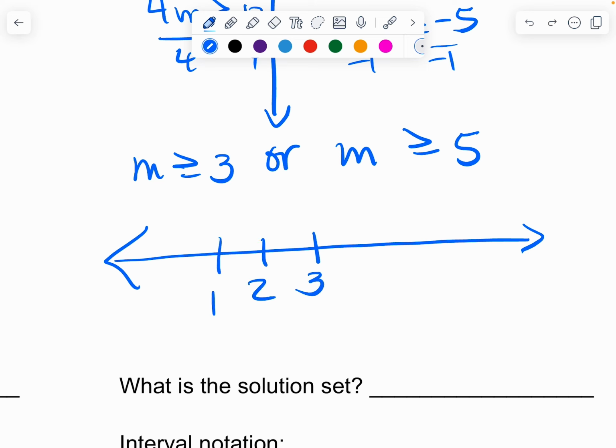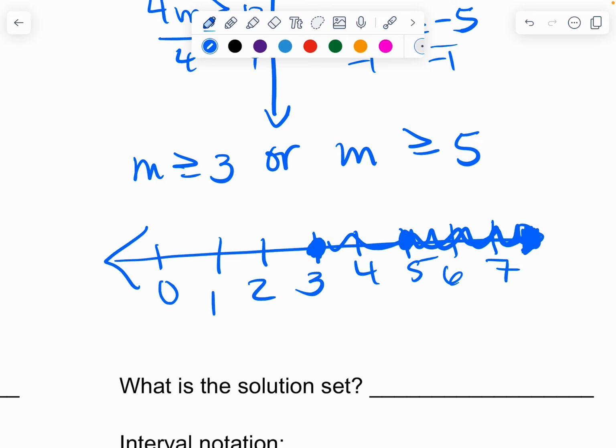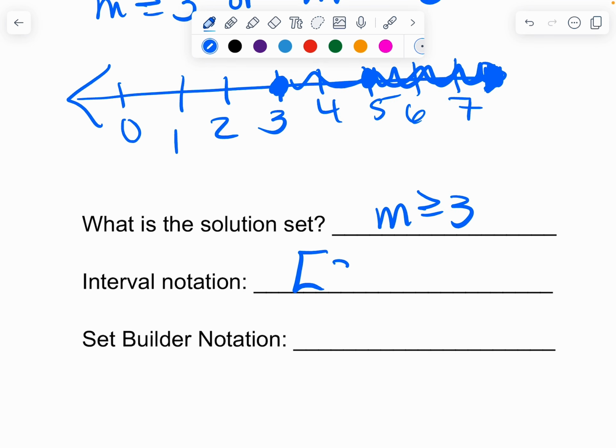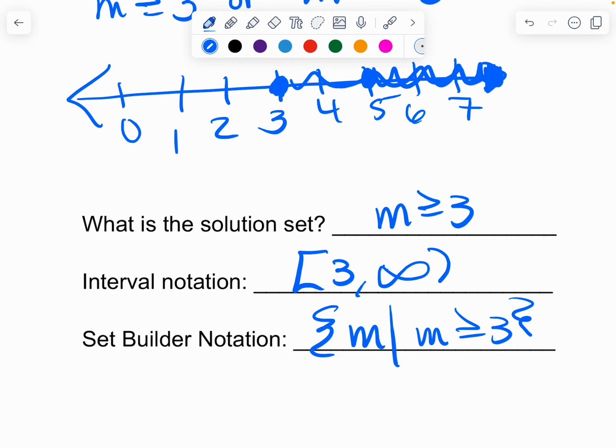Okay, 4, 5, 6, 7. So here and bigger. Here and bigger. So that means the solution set is actually m is greater than or equal to 3. Interval notation would be 3 to positive infinity. And set builder is m such that m is greater than or equal to 3.